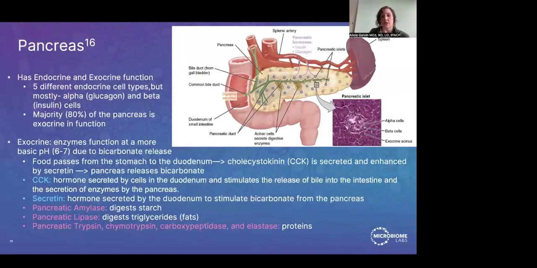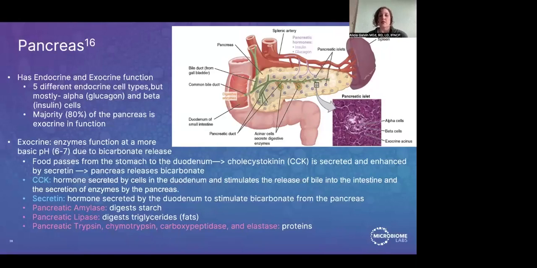To start that neutralization process so that you get a little bit closer to neutral, 6 to 7 pH, so that then your enzymes in the small intestine can do their job and continue that process of protein, fat, and carbohydrate digestion. So when you have that food that's going from the stomach into the duodenum, that's when you get that CCK release.